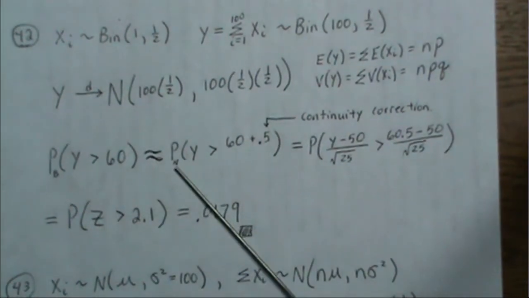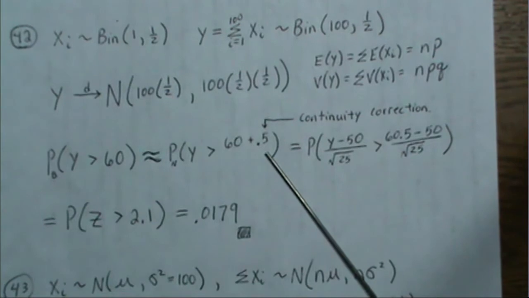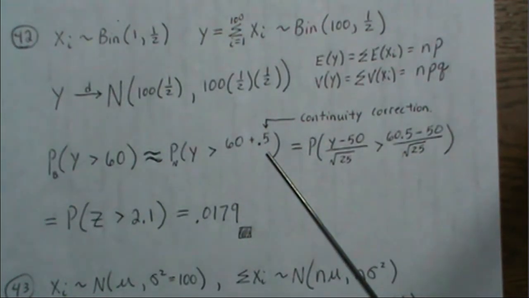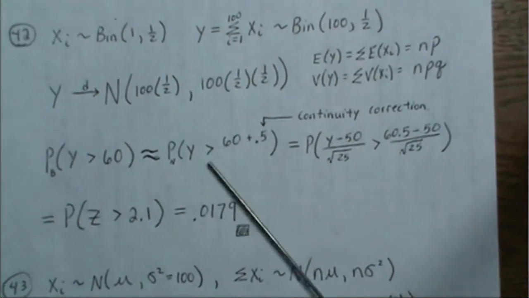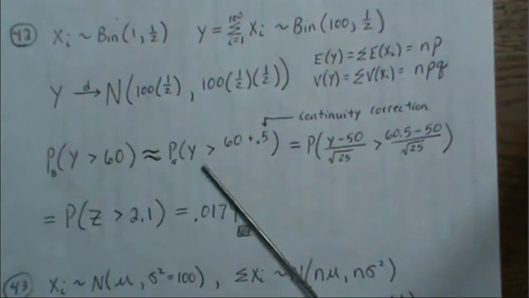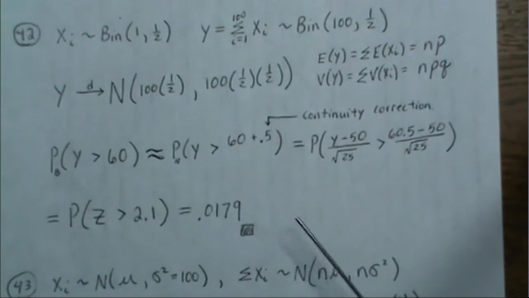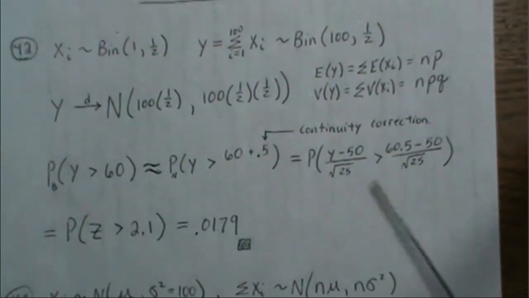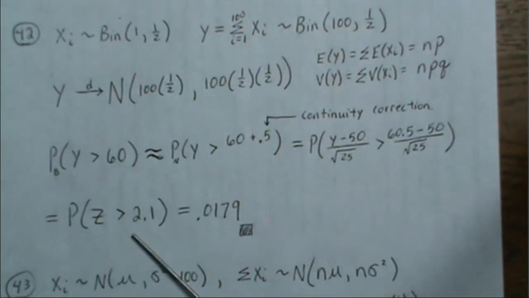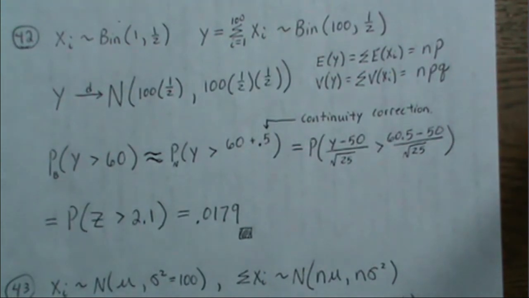Now when we assume it's normal, we have to add a continuity correction of 1/2, and then we subtract the mean and divide by the standard deviation on both sides, and this side is a Z. This is 2.1, so the probability Z is greater than 2.1 is 0.079.